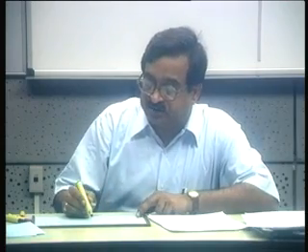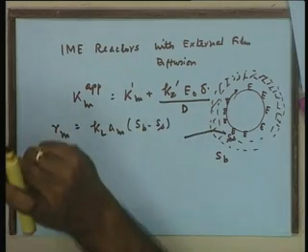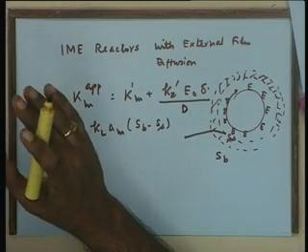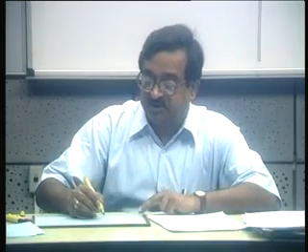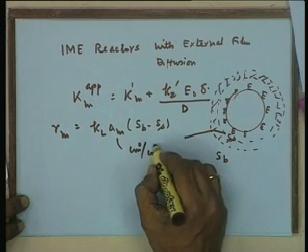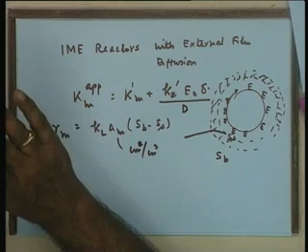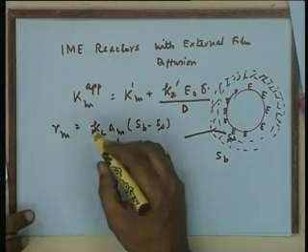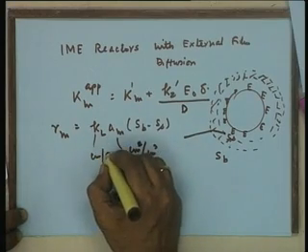So, the rate of mass transfer is KLAM, where KL is the mass transfer coefficient. AM is the area of mass transfer, which is described as area, centimeter square upon centimeter cube. That means the surface area per unit volume of the particle, and KL is your mass transfer coefficient, centimeter per second.